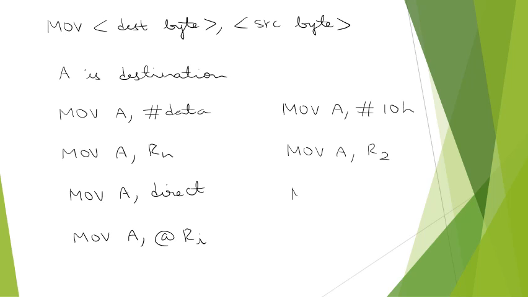And then we have MOV A, 25h. So the location 25h is accessed and the data in it is copied to accumulator. And then we have MOV A, @R1. So the memory location pointed by the register R1 is accessed and the data from it is copied to accumulator.